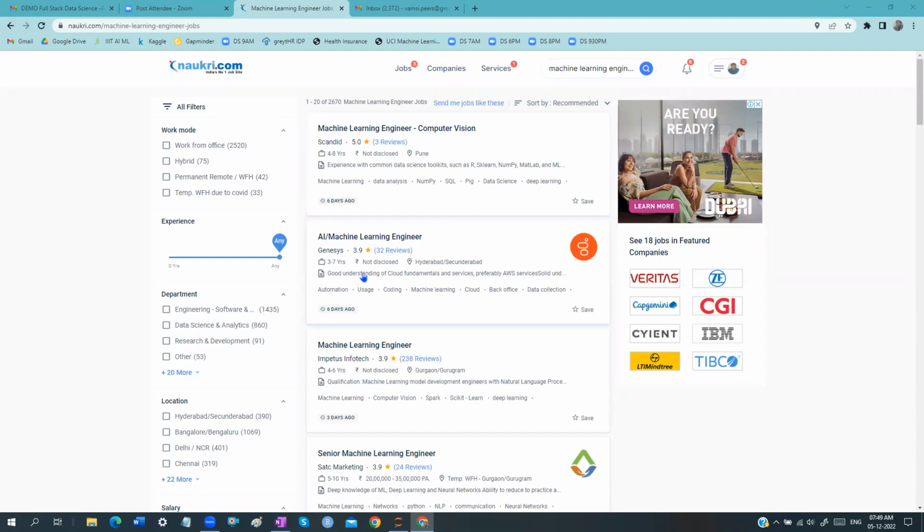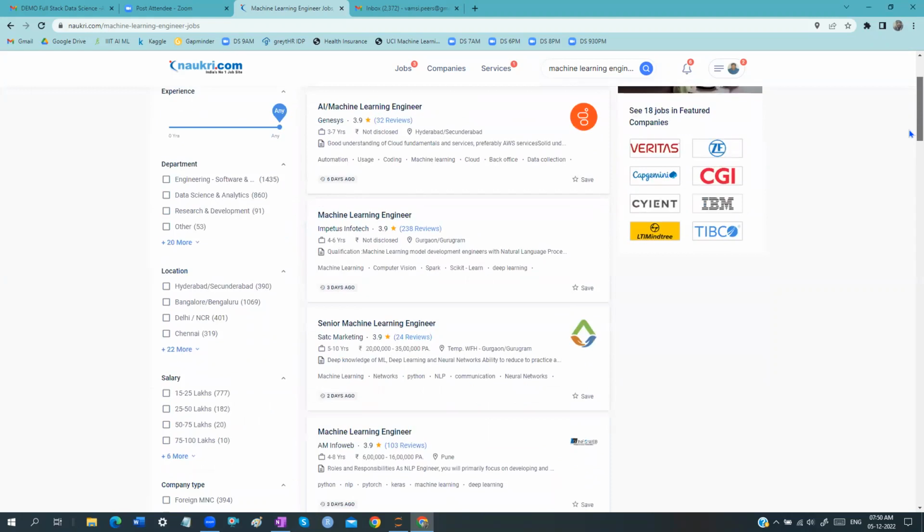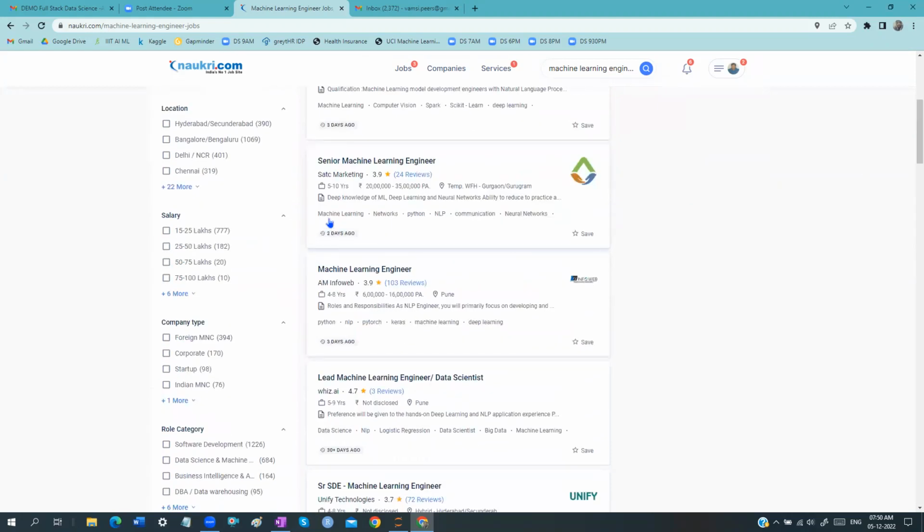You can see it, guys. For AI or machine learning engineer, we can also see data collections. For senior machine learning engineer, anywhere we look we see machine learning, Python, NLP, neural networks. These are some of the skills they are looking for.